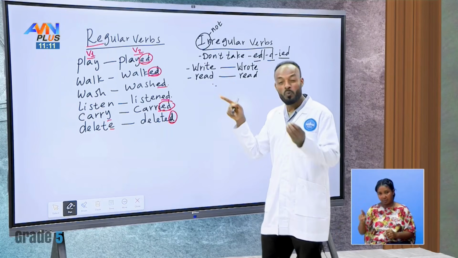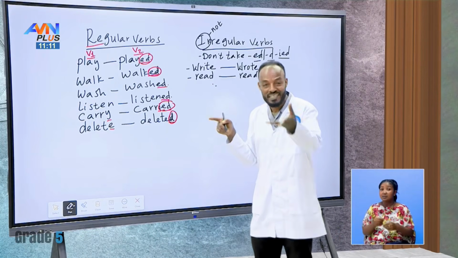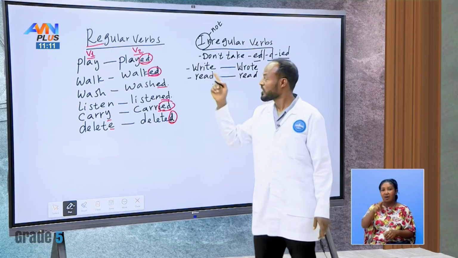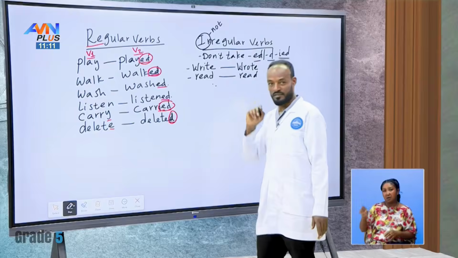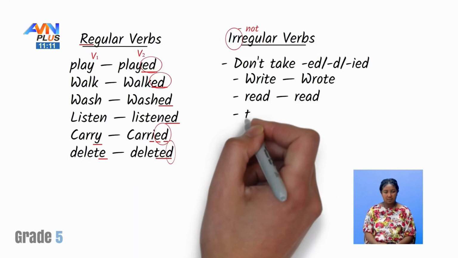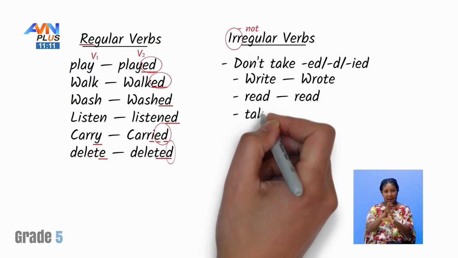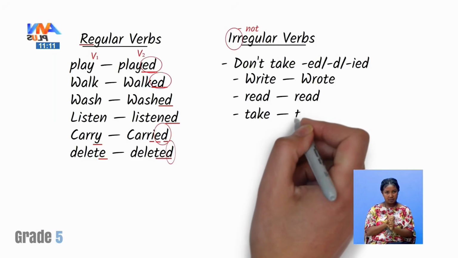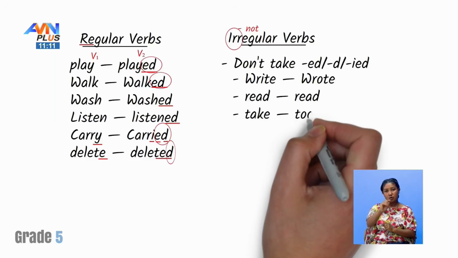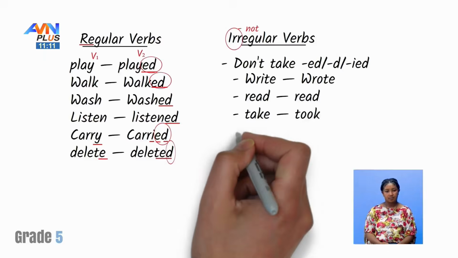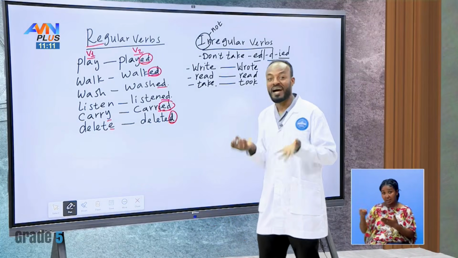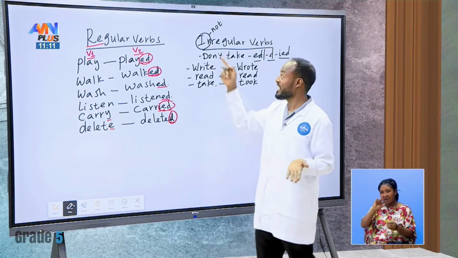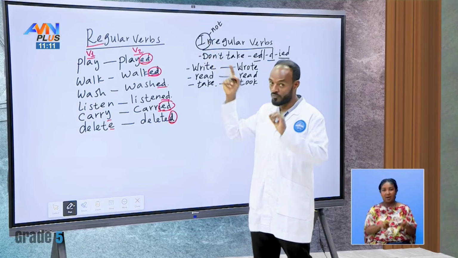But when you pronounce it, when we read it, we have to say it as read. Okay? Nice. Another one here, take. Took. Because we're not adding ed, d, or ied here. Because they are irregular. There is no fixed form.